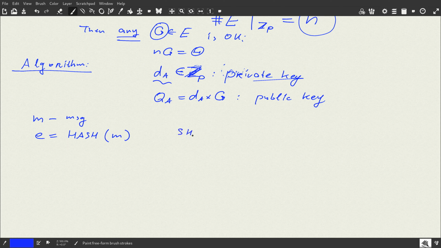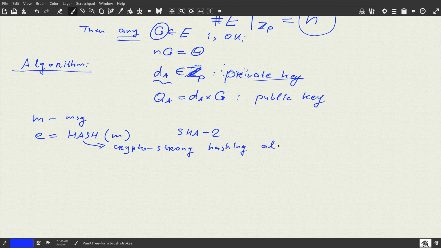For example, SHA-1 is not cryptographically strong, SHA-2 maybe is okay. This hash algorithm does not make part of this digital signature by itself. We just need it to be strong enough. A crypto strong hashing algorithm.